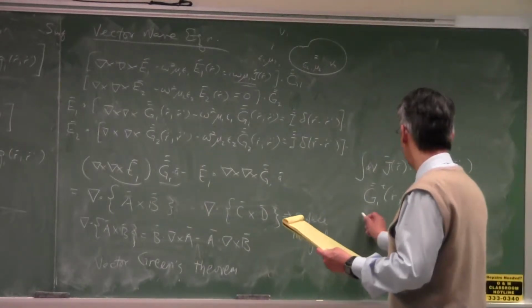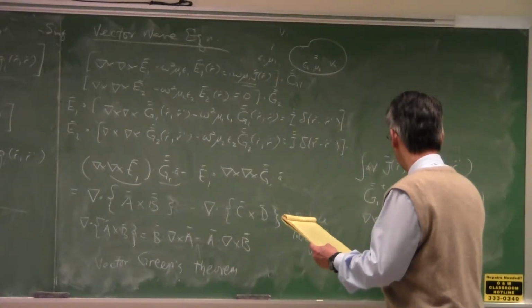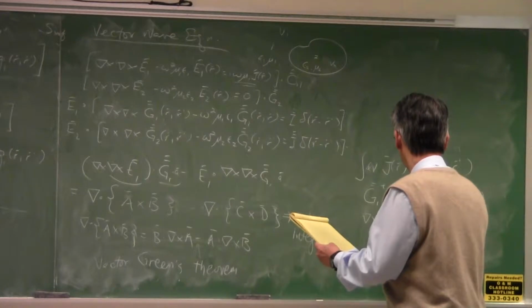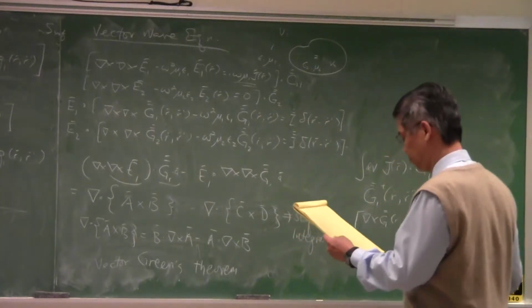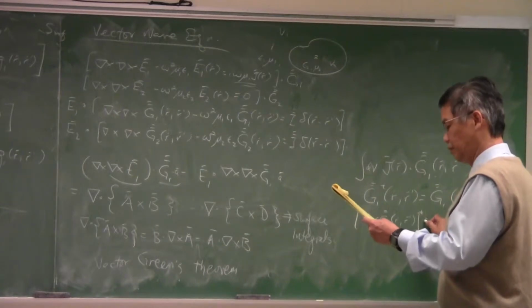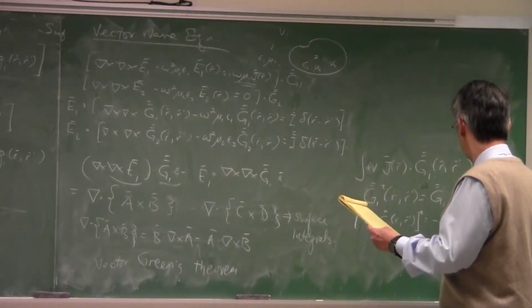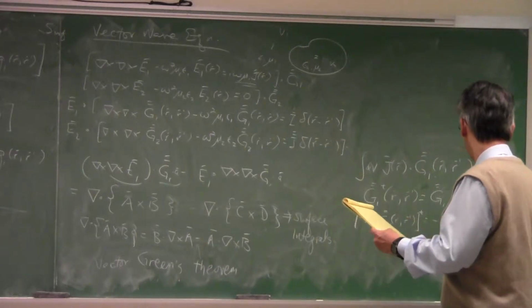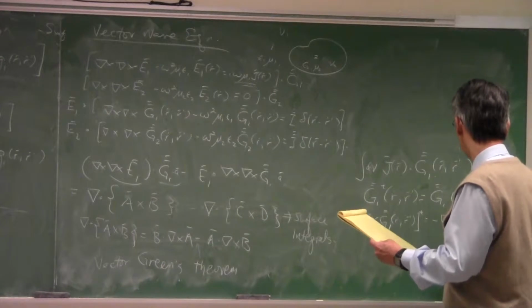You can also prove that the curl of the dyadic Green function, which is related to the magnetic field, if you take the transpose of this dyad, is equal to minus the curl of G of r prime, r. There's a minus sign involved.